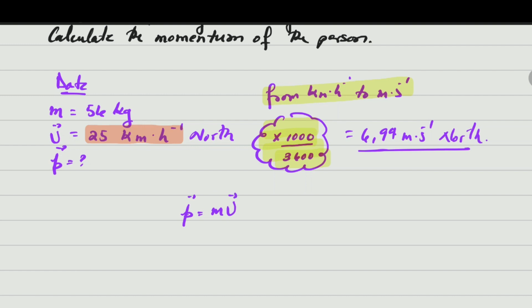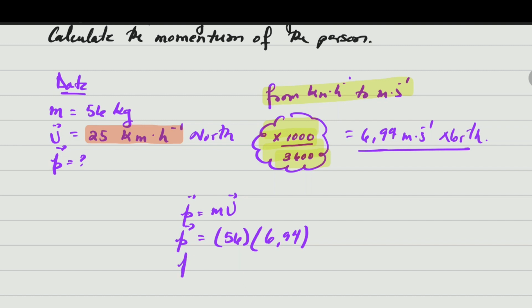Now the formula is very important. You have to write it because there is one mark just for the formula. So the mass is 56 kilograms. You don't have to substitute the unit, even though it would be very useful. Multiplied by 6.94. And the answer here is going to be 388.64.